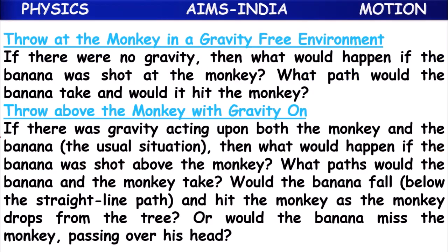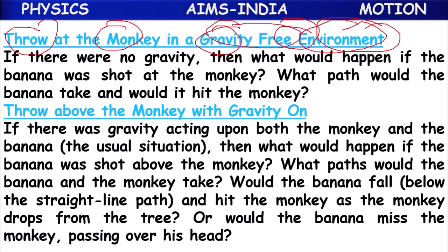So here we have 4 cases. First, throw at the monkey in a gravity-free environment. In a gravity-free environment means that the surroundings of the monkey and the zookeeper are gravity free, there is no gravity.